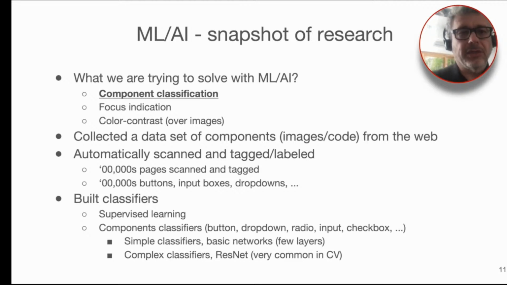So we started our journey with collecting a data set, basically images and code snippets of a lot of components from the web. We figured out a way to automatically tag hundreds of thousands of pages, scan them over the web, and extract hundreds of thousands of samples of buttons, input boxes, drop downs, and so on.